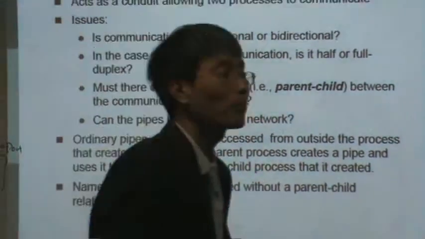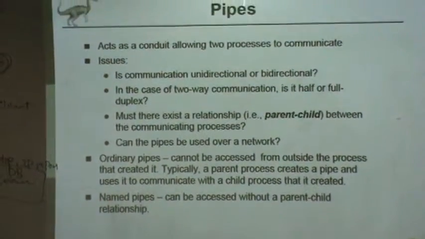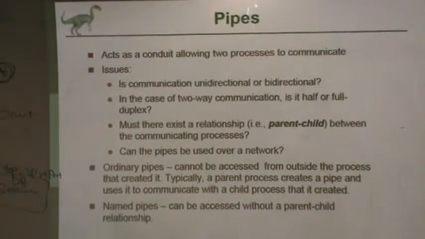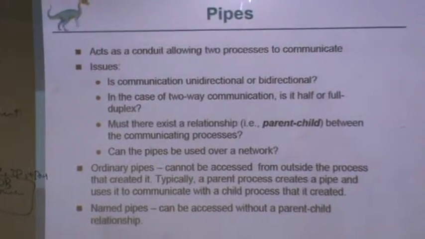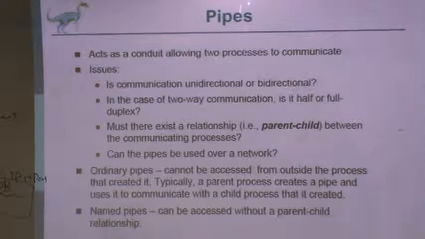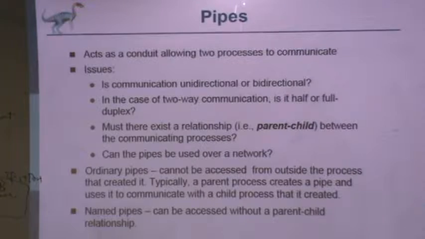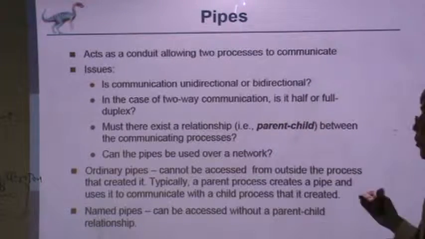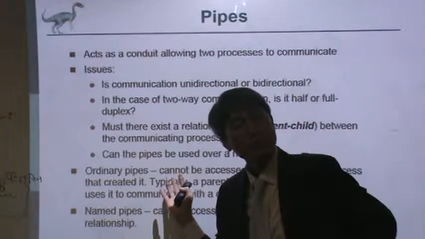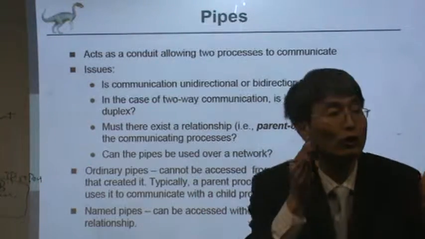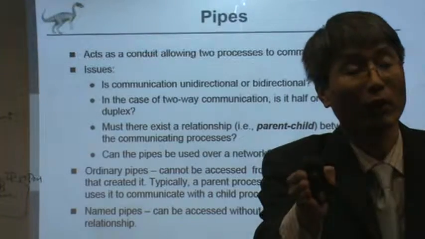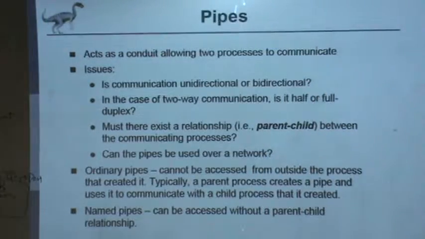This one has the parent and child because it has the input, and it has the output end of the pipe connected to the child. So it's kind of a parent and child relationship. The normal pipe is specified to the child destination, which means a third party, another process, cannot access the data, unlike the socket.